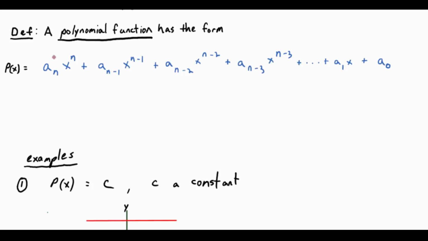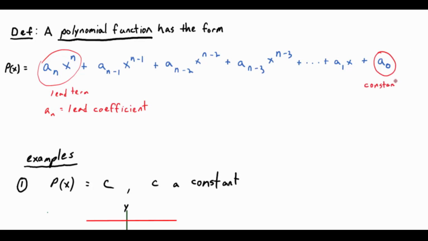So this would be the lead term. a_n is the lead coefficient. Again, if it's not written in descending powers of x, it won't be in the lead, will it? And a naught or a_0 is the constant coefficient, some people call it.